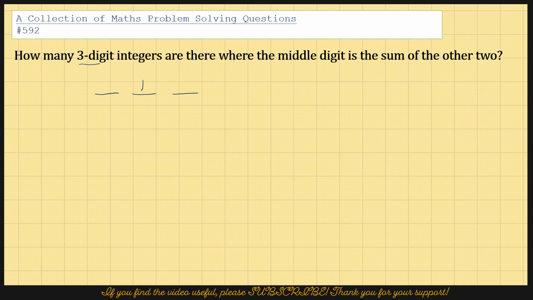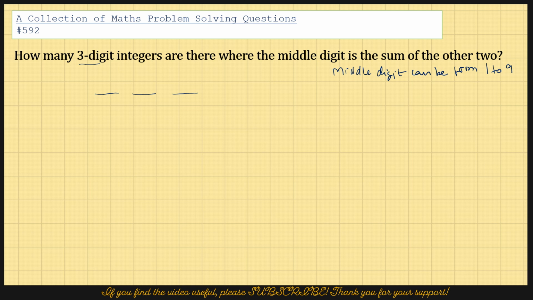Or you can have a 2, since 1 plus 1 is 2, and so on. So the middle digit can be anything from 1 to 9.